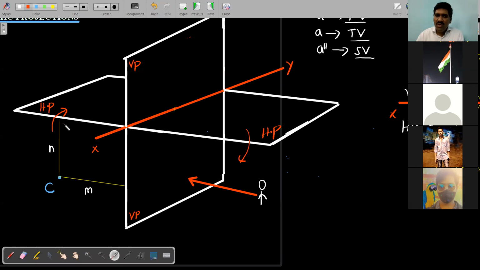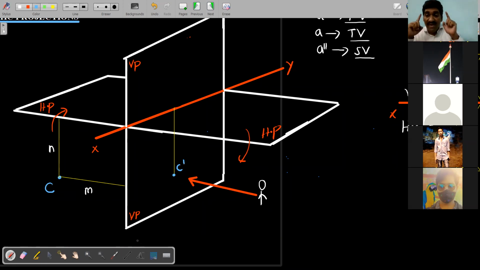In the front view you can see this distance. What do we have to do? We have to project this onto the vertical plane. That distance here, we just place it here. I'm placing it here. And this becomes nothing but the point C dash. Front view is over.